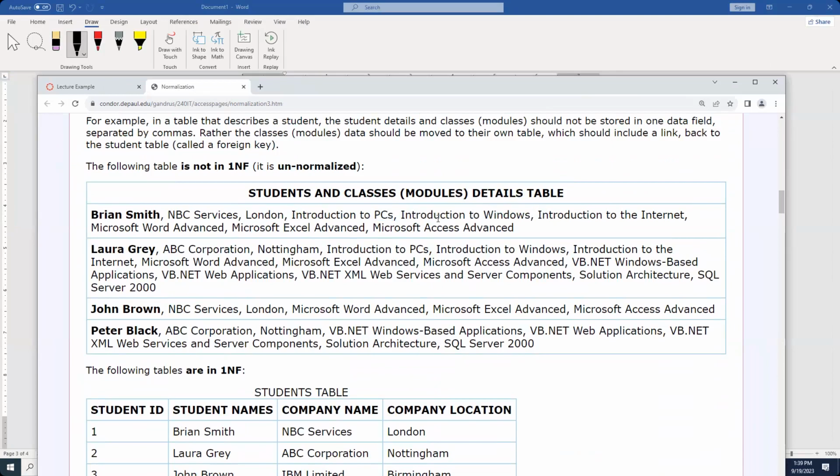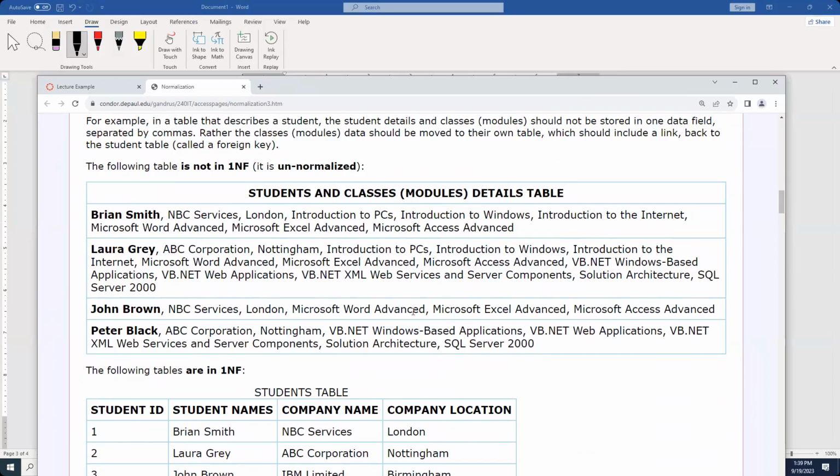So this student is taking 1, 2, 3, 4, 5, 6 courses. This one's taking 1, 2, 3, 4, 5, 6, 7, 8, 9, 10, 11 courses. This student, slacker here, has only taken 3 courses. The reason why repeating fields are bad is because you never know how many to allow for. If you had 10 slots for courses, there might be someone that takes an 11th or 12th course.